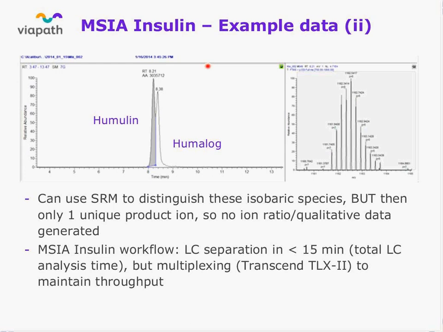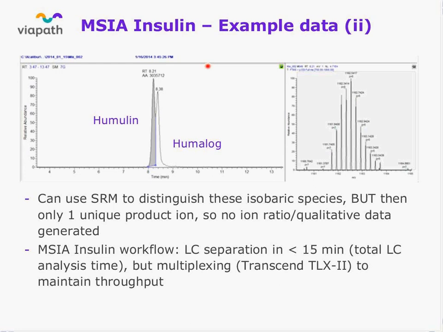The disadvantage of that, and it's particularly relevant in forensic work, one of the things that we like to do for forensic cases is look at ion ratio or product ion ratio as an extra confirmatory criterion for suggesting that we're looking at the right compound. But because you only see one unique product ion for the Humalog versus Humulin, we don't get that qualitative data. With this approach where we use the LC to separate the two compounds, we actually get the full fingerprint underneath each of these two peaks. So we actually get better qualitative data, and that's, I think, more important for forensic work.